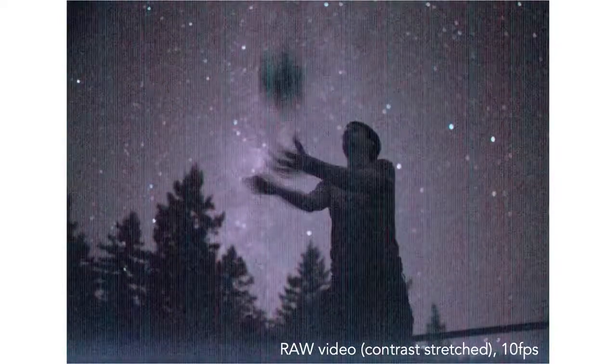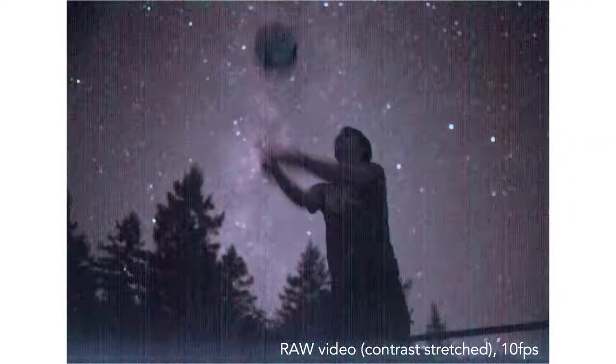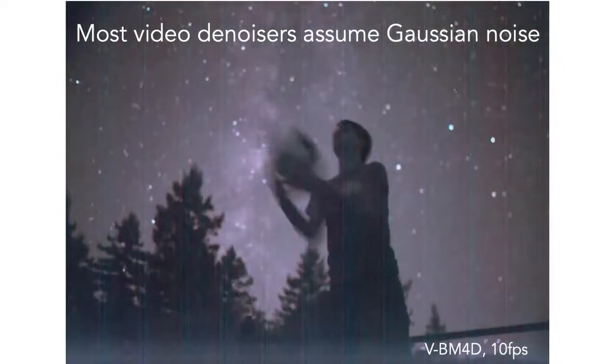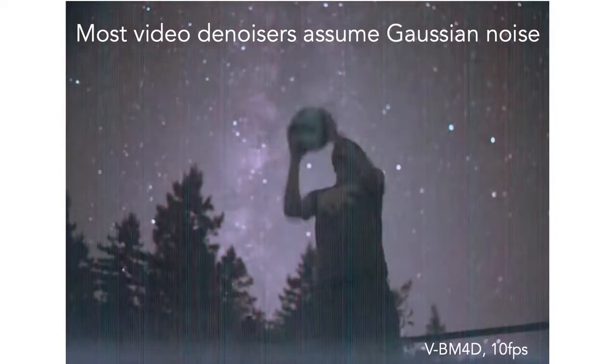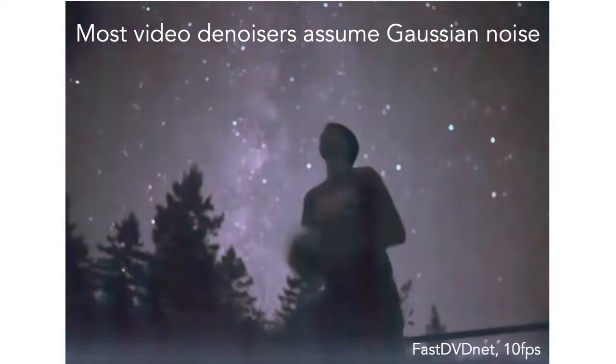If we contrast stretch the images, we can see more details, but the details are obstructed by the highly structured noise. Most video denoisers assume Gaussian noise, which fails on this structured noise, as we can see here.